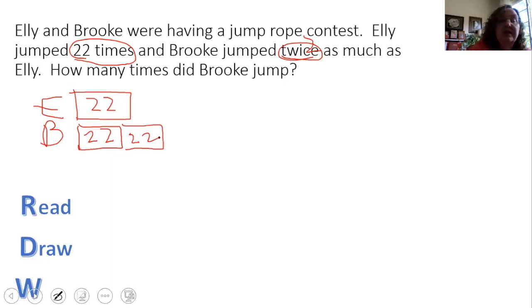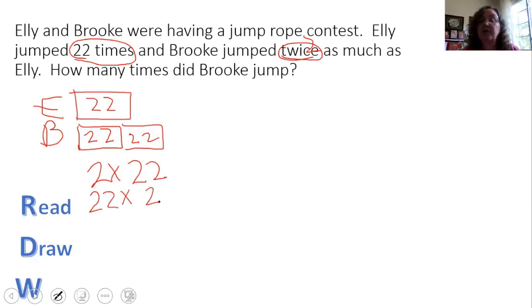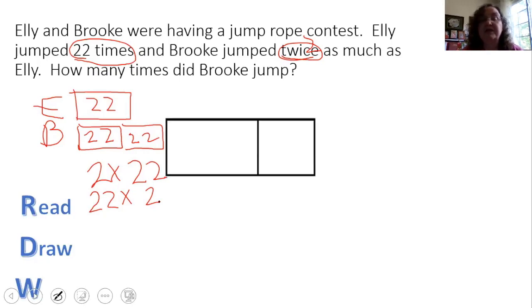Did you say 2 groups of 22? Or you could have said 22 times 2. Very good. Well, let's solve it the way we did before using our place value. We had 20 plus 2 times 2.